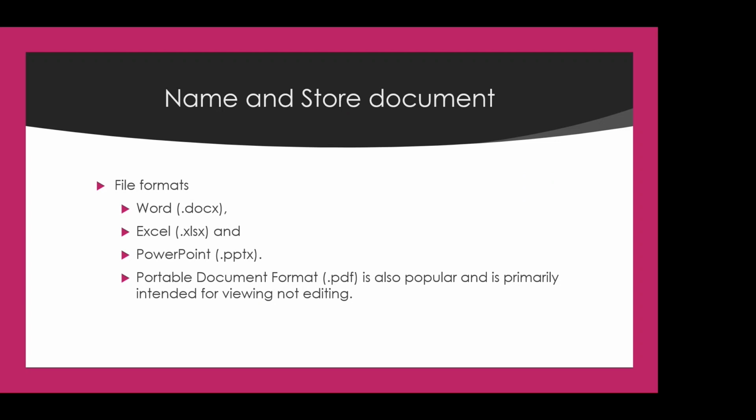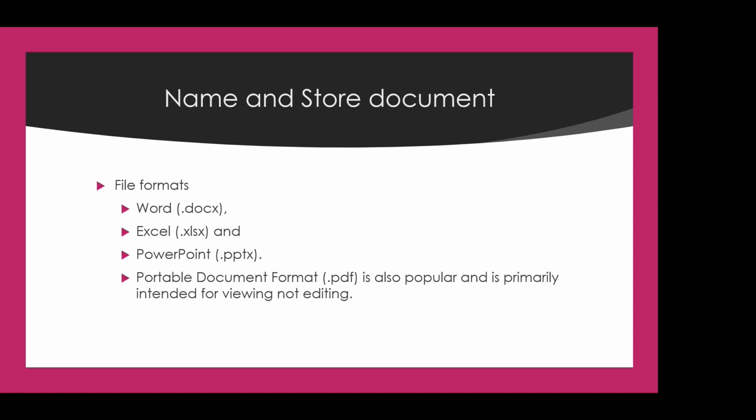So we talked about this before, that you do not need to add this end part of the file name. That's going to go in automatically. Okay, but just so you know, when you're looking for your files, this is what is going to be on the end of them. Now there's a fourth file type here, and it's called a PDF, a portable document format.